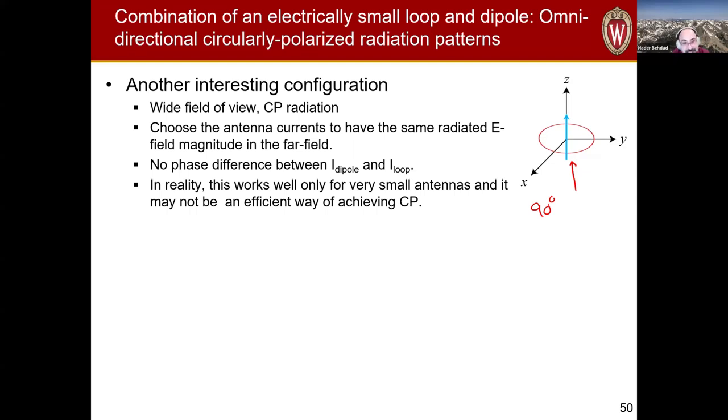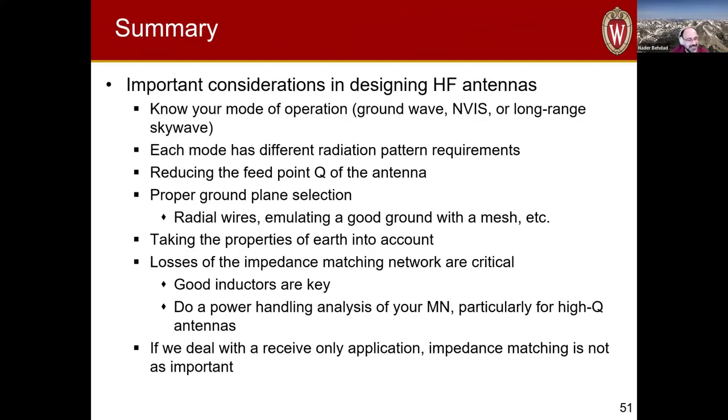If you actually combine these two, you can get a perfectly circular polarized antenna as well. That one has been sort of a curiosity for me, but it's worth mentioning that this is also possible. This would basically give you circular polarization in theory in every direction, and not just in specific directions.